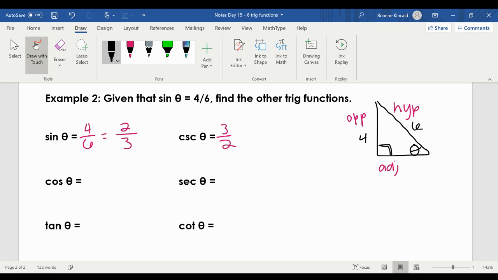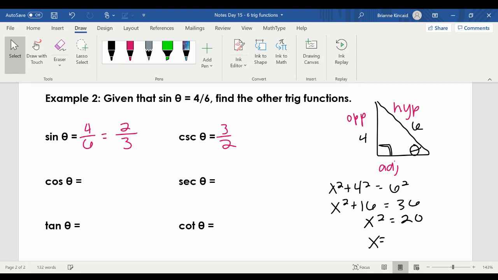From here, you need to find the missing side. So the adjacent side, the unknown, is going to be x. That's leg squared plus leg squared equals hypotenuse squared. That's x squared plus 16 equals 36. X squared equals 20.